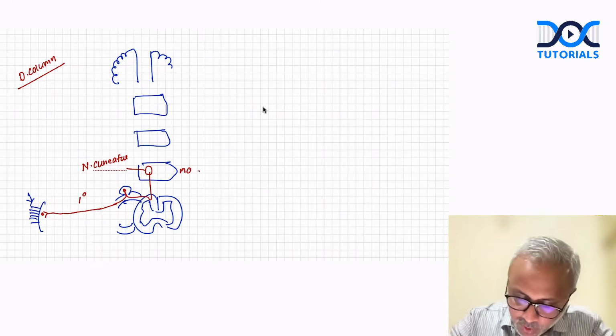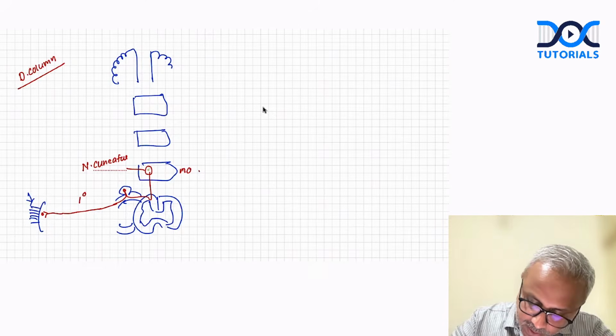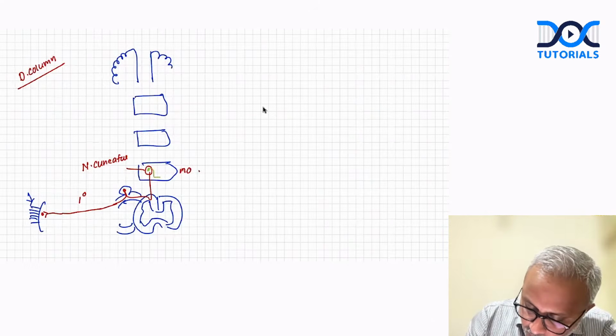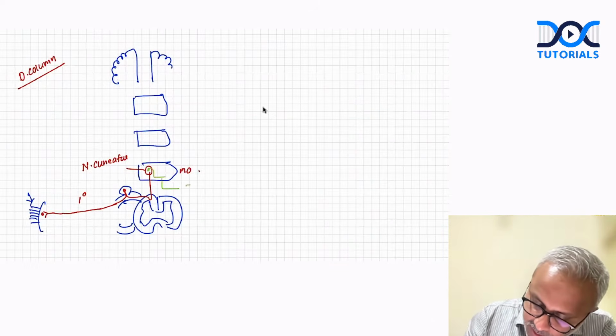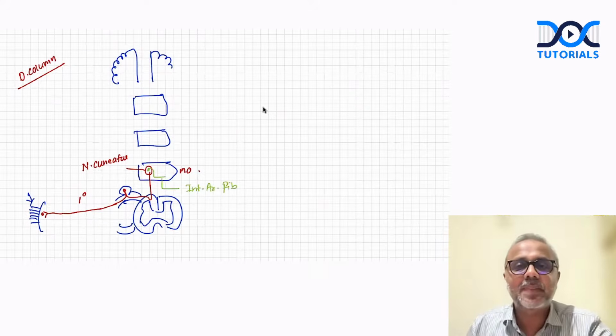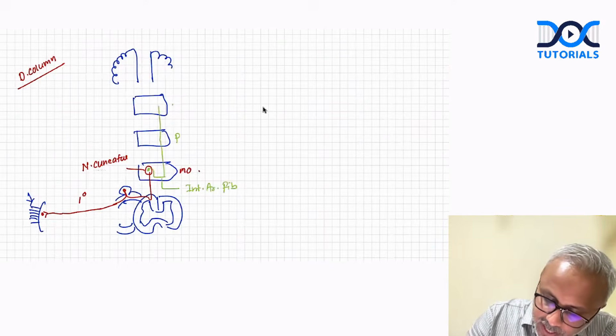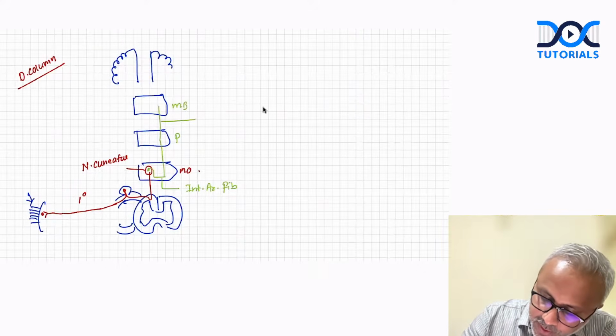The second order neurons begin from the nucleus cuneatus. They pass on to the opposite side, forming what? The internal arcuate fibers, right? Then they ascend upwards. As they ascend upwards through the pons and midbrain, we now refer to it as what?